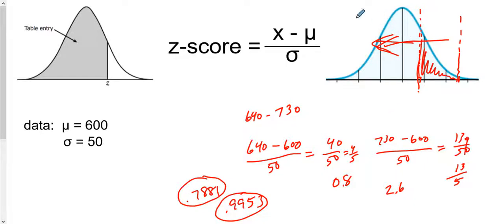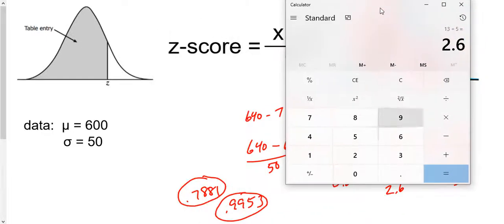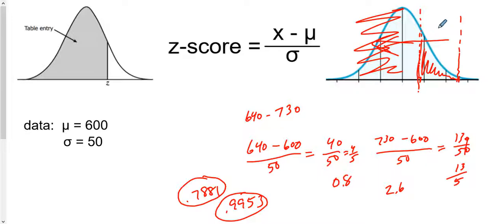Now, what do we not want? We don't want this data. We just counted this data twice. So what we're going to do is take this value here and this value here and subtract them. So if we take 0.9953, subtract 0.7881, that tells us 0.2072, or 20.72% of the data, is found in this stretch right here.